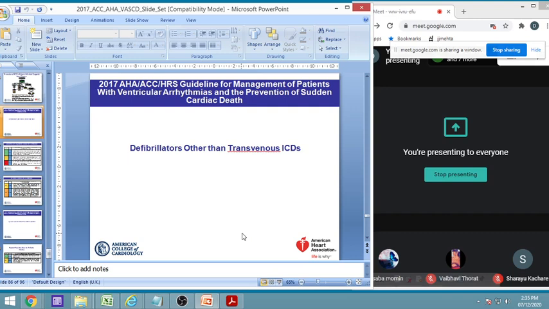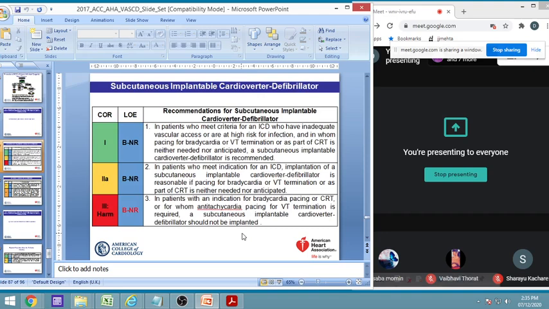The most common is the transvenous ICD, which is implanted near the heart and remains in place for a long period of time. Usually, for patients who meet the criteria for an ICD, who have inadequate vascular access or are at high risk of infection, and in whom pacing for bradycardia or ventricular termination is neither needed nor anticipated, a subcutaneous implantable cardioverter defibrillator is recommended.